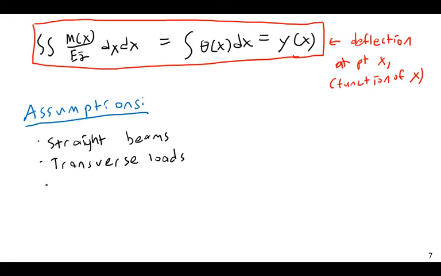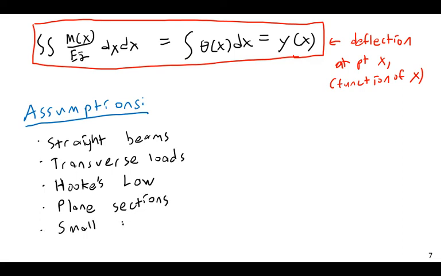Transverse loads. We're assuming Hooke's law is applicable. You may have some exotic situations where that is not the case, but for normal friendly materials that's going to work as long as you're not loading it past the elastic range. Hooke's law, plane sections, and also small angles and deflections. As long as you keep these assumptions true, these equations will work out.